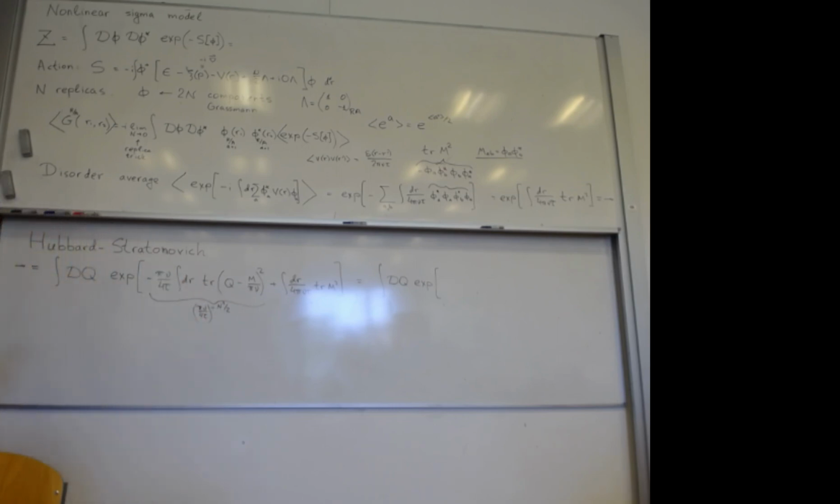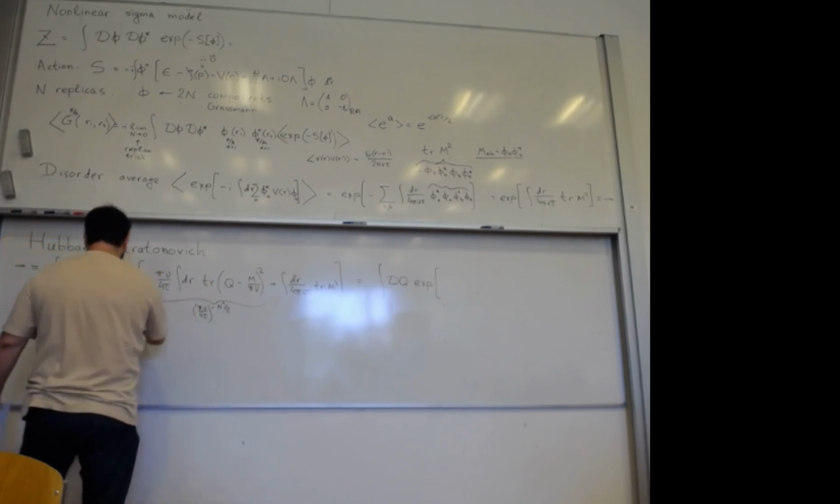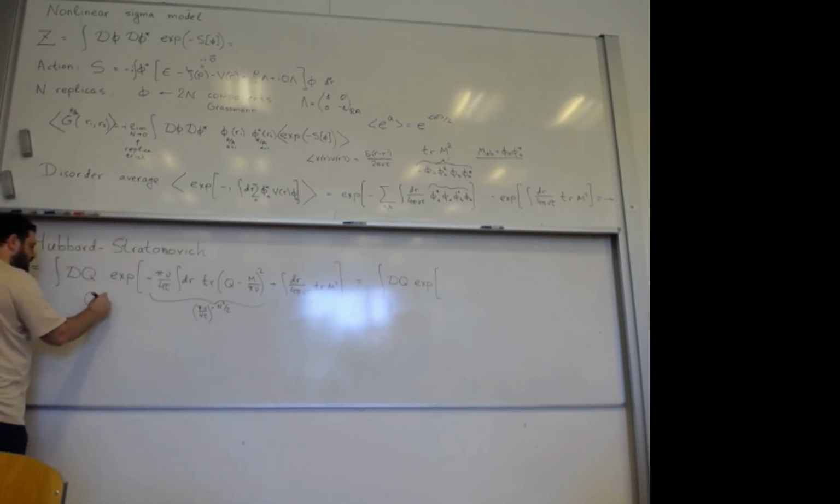If it's a matrix, what is the generalization of real number to matrices? It's Hermitian. I mean, Hermitian has real numbers in the diagonal, so Q is actually Hermitian.